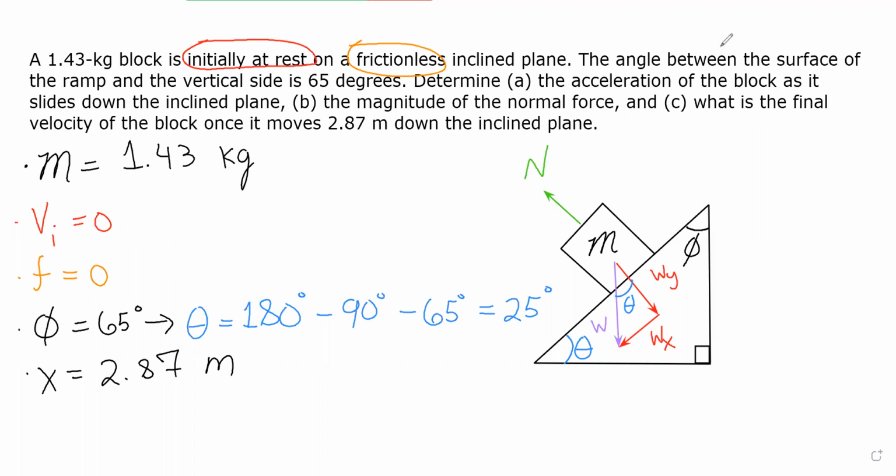Notice that they specified the block is moving down the ramp, so motion occurs to the left. So if there was a friction force, in this case, friction would actually act to the right. So the only force responsible for pulling the block down the ramp would be Wx.